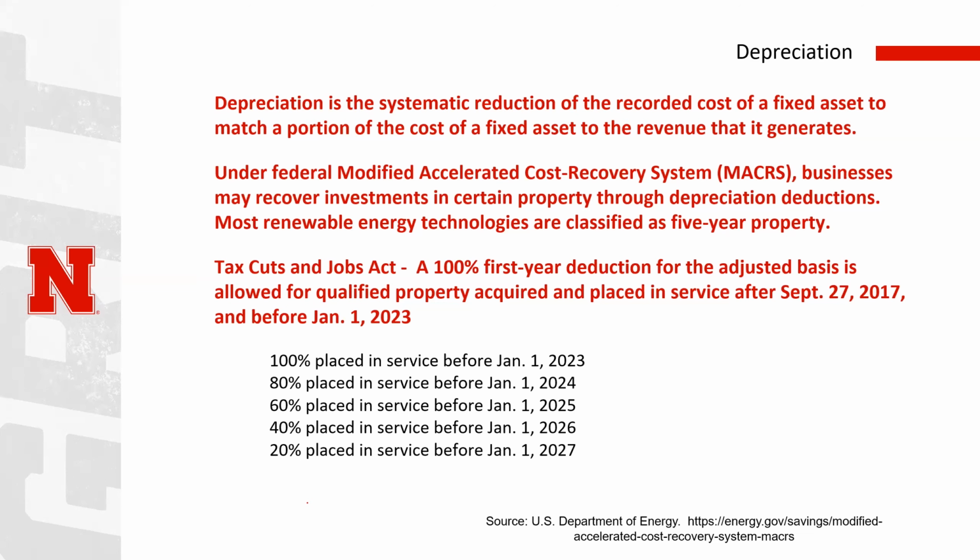The 100% bonus, where I can depreciate it all in year one, just expired, but 80% is in place this year and so on. Even when this is done after 2027, depreciation will still happen under the old MACRS, the Modified Accelerated Cost Recovery System plan of 5-year depreciation. But it is an important tax advantage for businesses that really can help these systems look good.